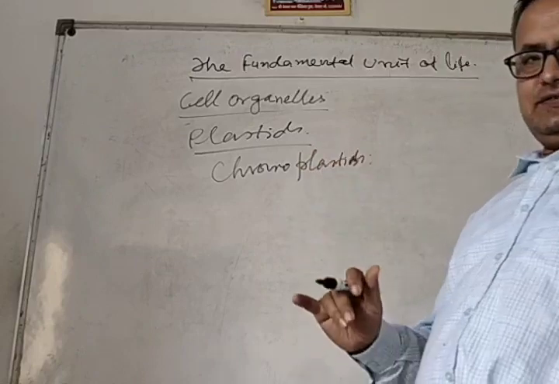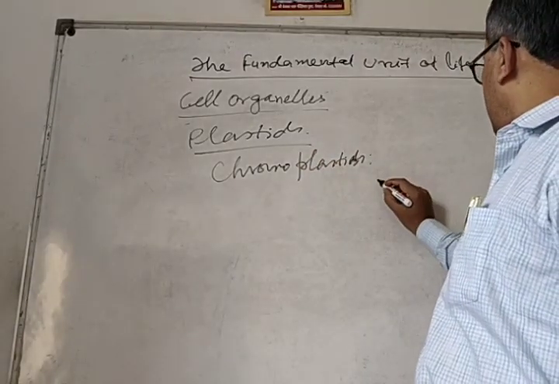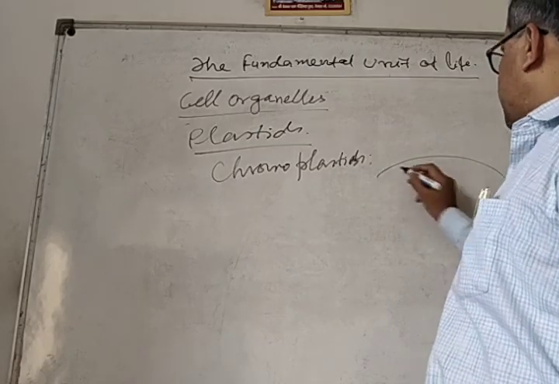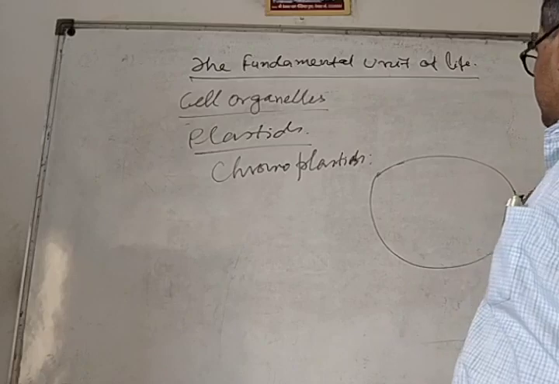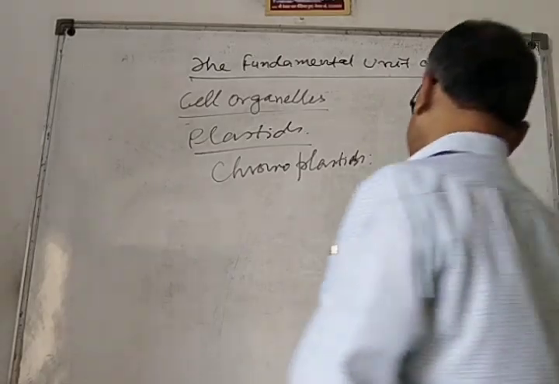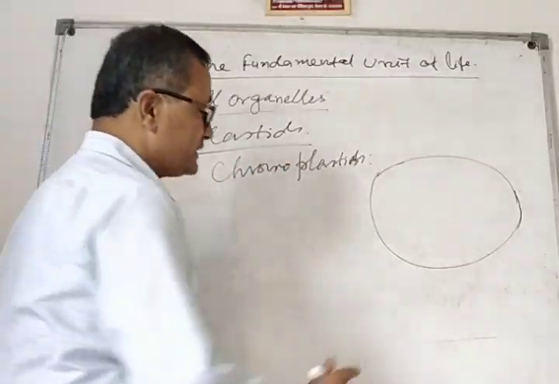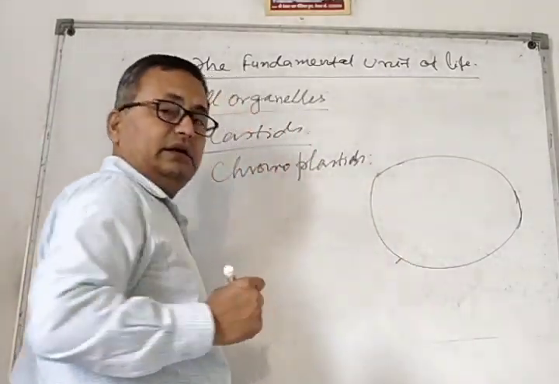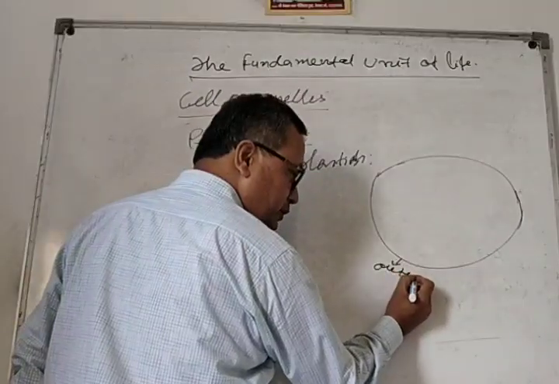its structure is oval or spherical in shape, and it consists of two membranes. First is the outer membrane, and the outer membrane is porous.